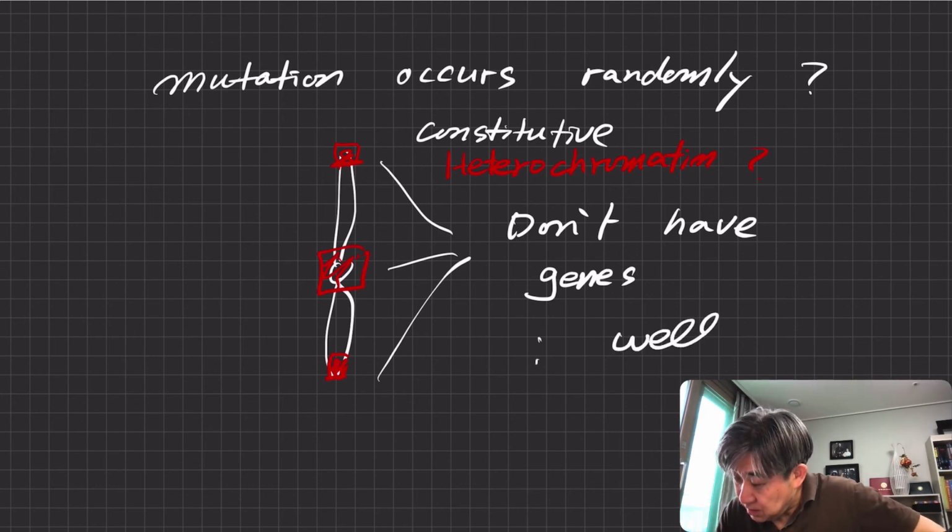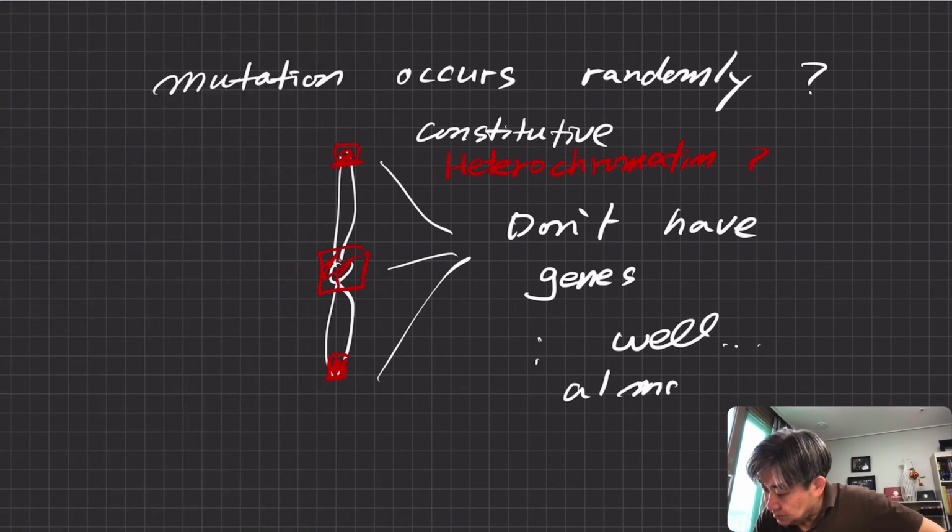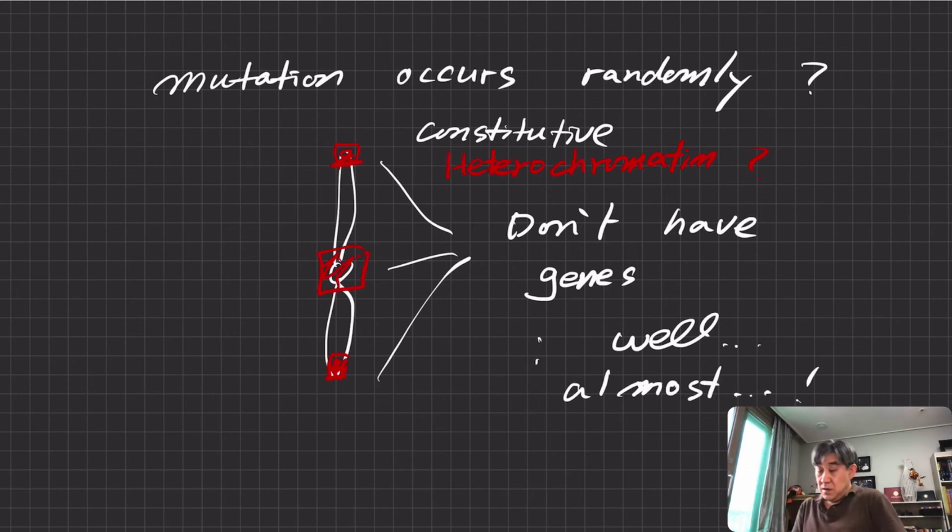Well, almost. And that's the reason why these constitutive heterochromatin areas contain much higher variation in terms of DNA sequence. Can you understand the correlation?